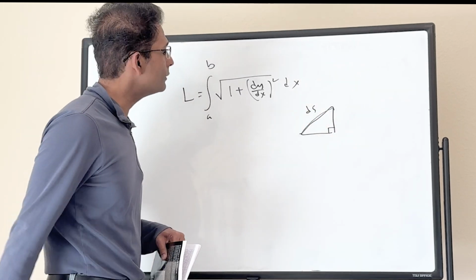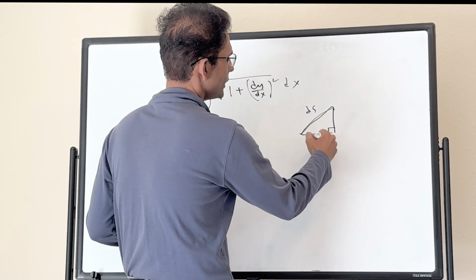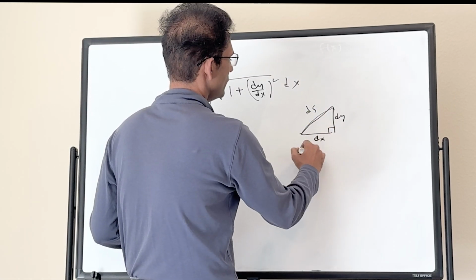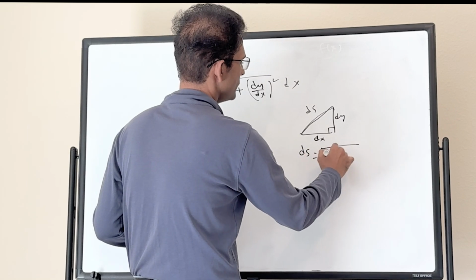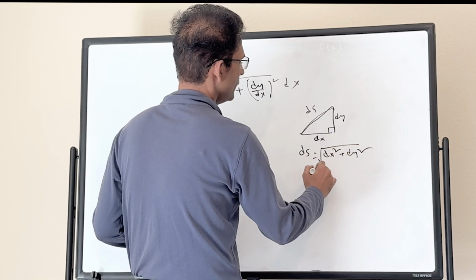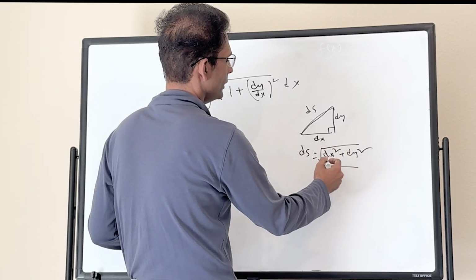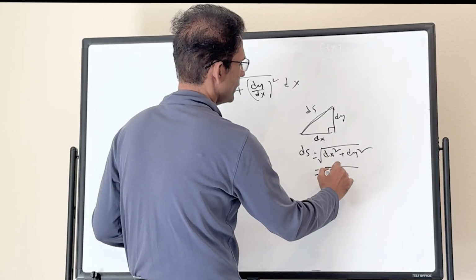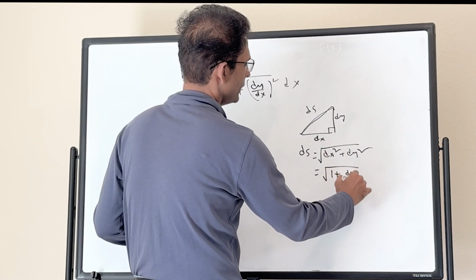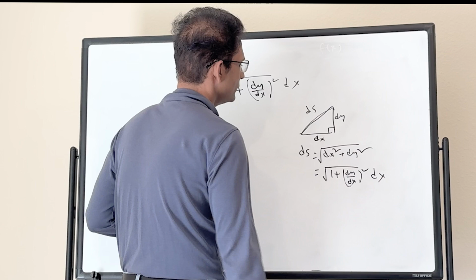If this side is dx and this is dy, then ds is equal to the square root of dx squared plus dy squared, which you can write as the square root of 1 plus (dy/dx) squared, times dx.